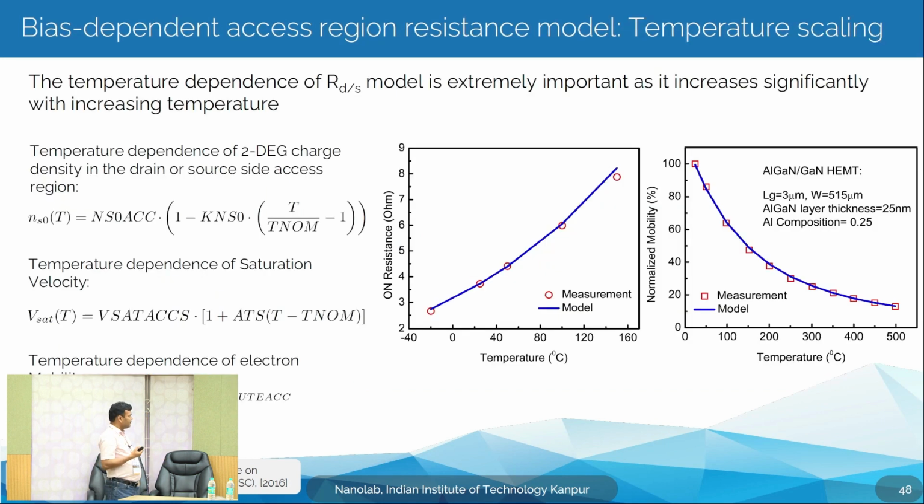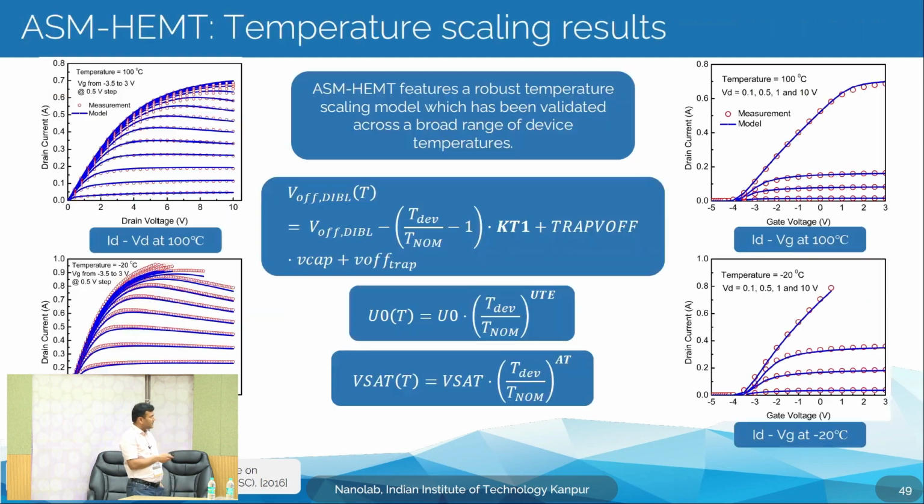Then the temperature. We have the temperature dependence captured through parameters, some of which are shown here. This shows the on resistance versus temperature and the normalized mobility versus temperature.